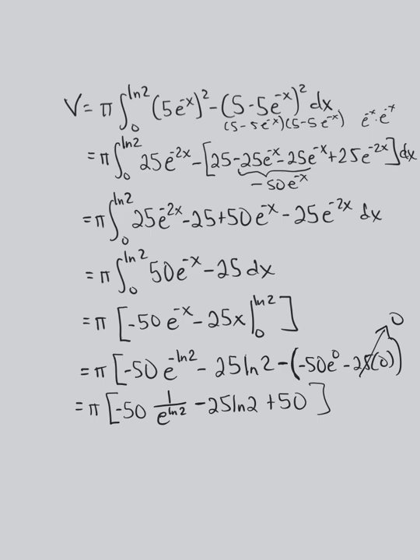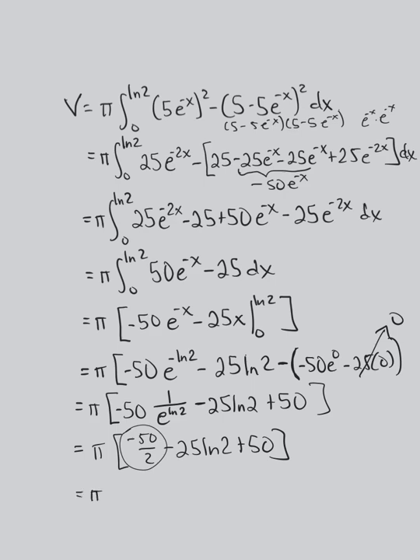We're just cranking along here. We're basically there. The e and ln cancel each other, so I just have a 2 in that denominator. So I got pi times negative 50 halves minus 25 ln of 2 plus 50. What's 50 over 2? 25, and I'm subtracting it.